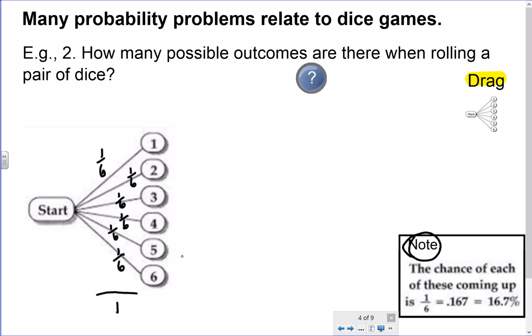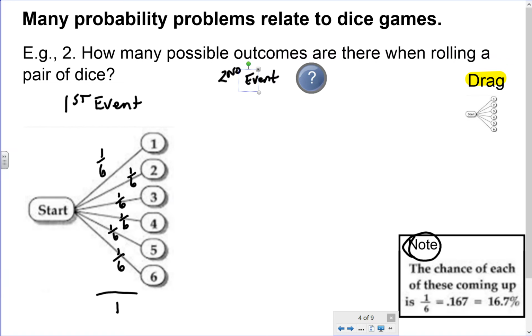Now, this is what we would call the first event, and the first event was rolling a single die. The second event occurs when we roll the second one. Generally, these are done simultaneously.